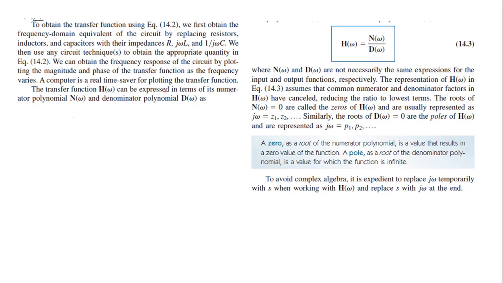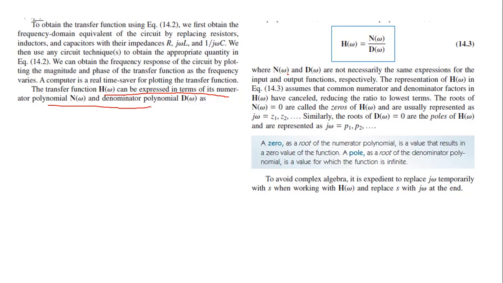Now the transfer function H of omega can also be expressed in terms of numerator polynomial N of omega and denominator polynomial D of omega. So H of omega can also be represented as numerator by denominator as a function of frequency.